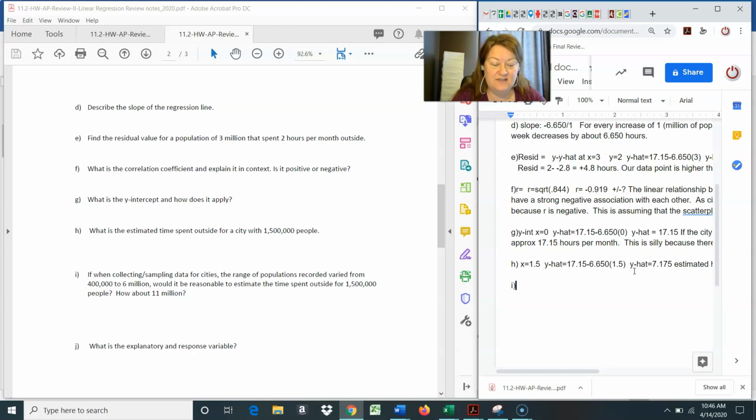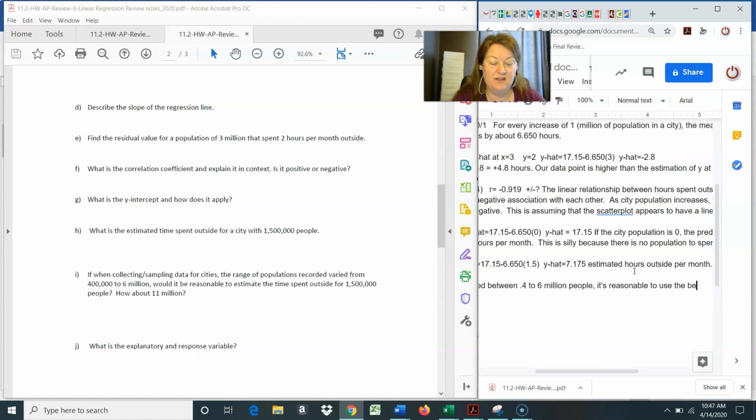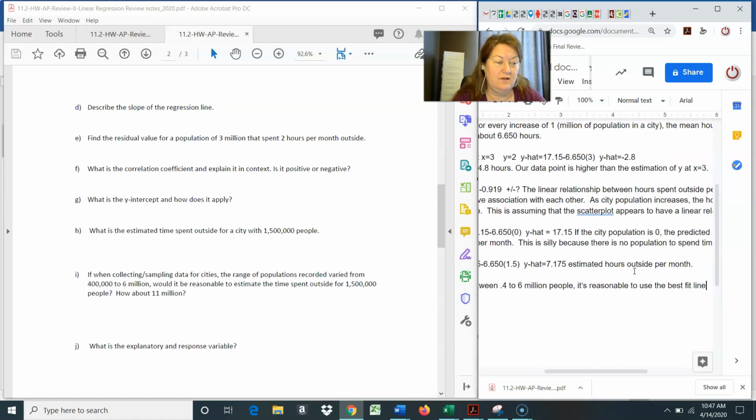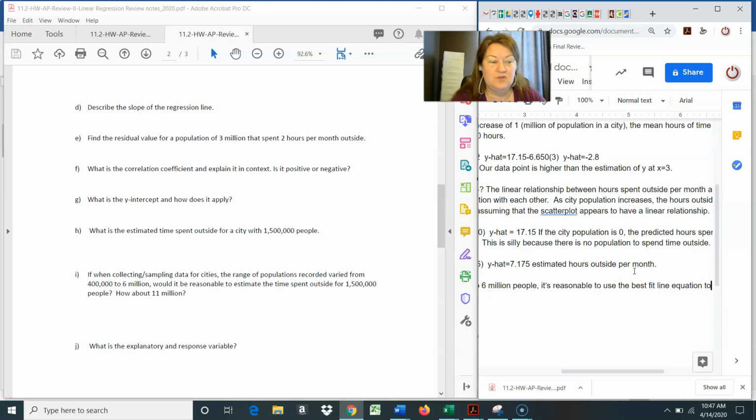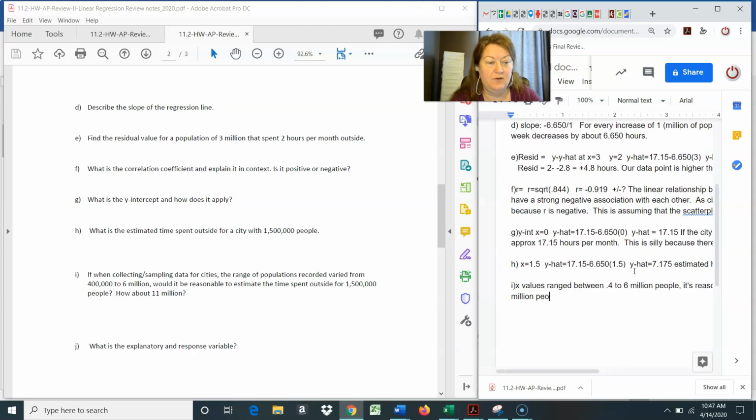So since the X values ranged between, in millions, 0.4 to 6 million people, it's reasonable to use the best fit line equation to estimate 1.5 million people and the hours spent outside, right? Because it's between them.